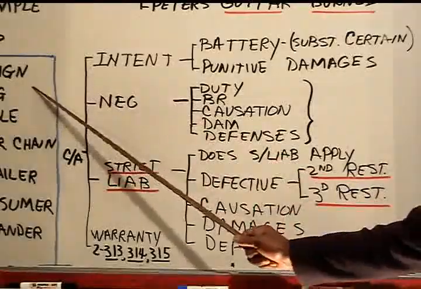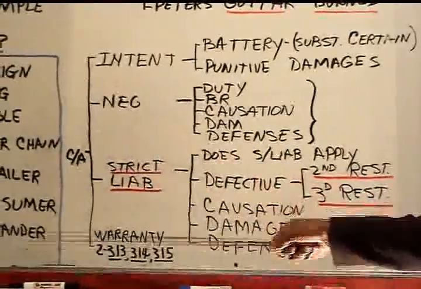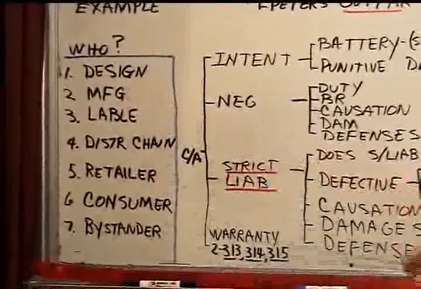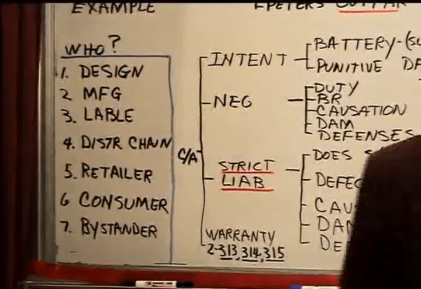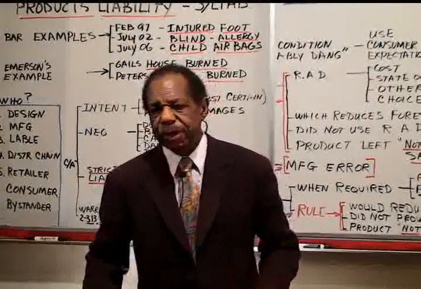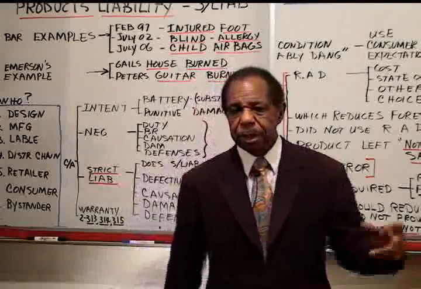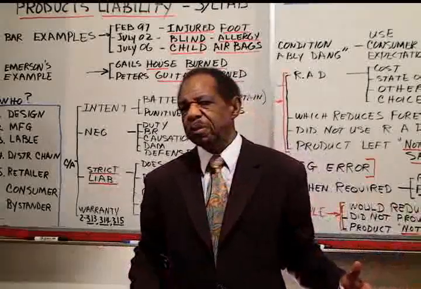Was it negligent manufacturing? Look at everybody here now in the commercial chain. We have negligent design. Do you have negligent manufacturing? Well, there's nothing about the manufacturing of the concrete cutter that seemed to be wrong. I mean, it came off the assembly line just the way it was supposed to.